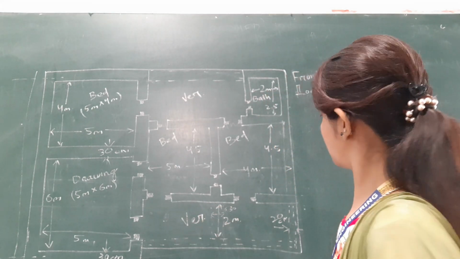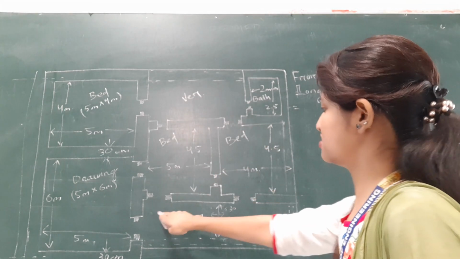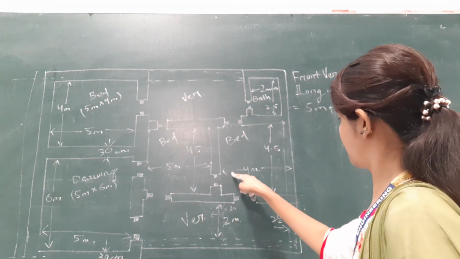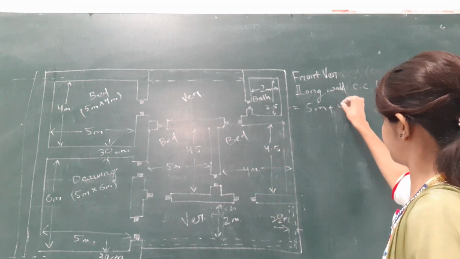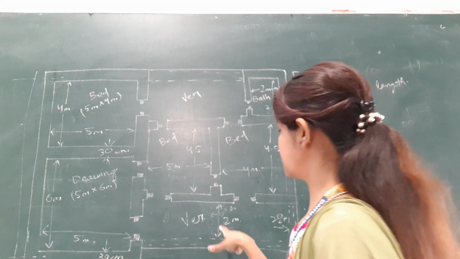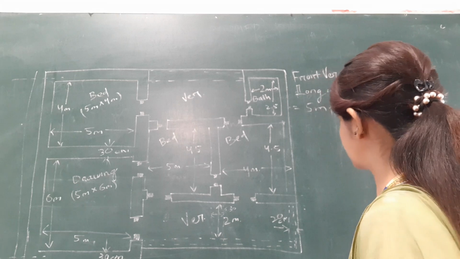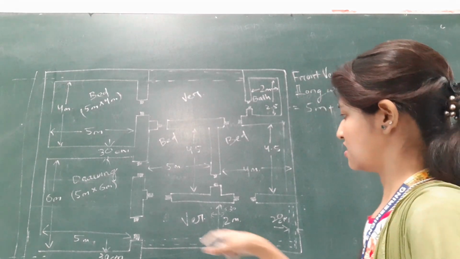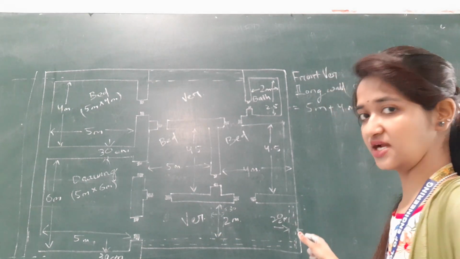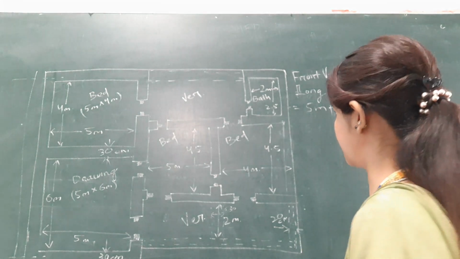So we can write same 5 meter for this area, 5 meter plus 4 meter for this area, 4 meter plus see, there is a 0.30 thick wall and 0.30 thick wall, okay. So it is a 0.30 thick wall, and on this side, right hand side, there is a thickness of 0.20 for the veranda, okay.